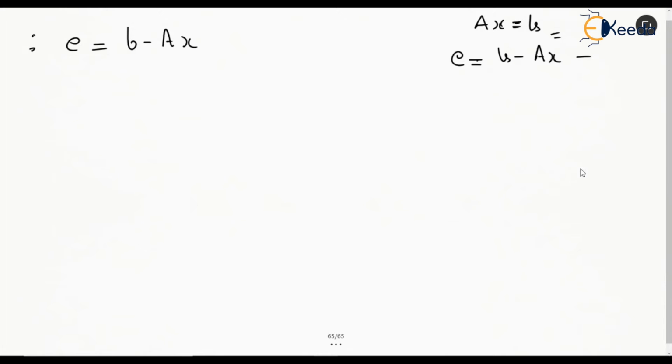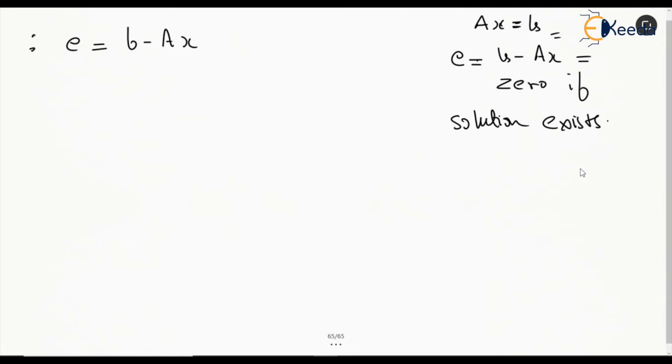So this E, which is given as b minus Ax, will be 0 if a solution exists, right? If we have x as a solution, then b minus Ax is going to be 0.